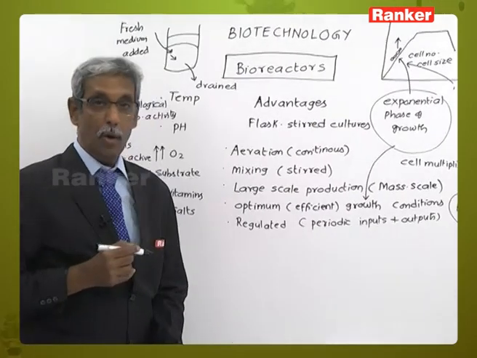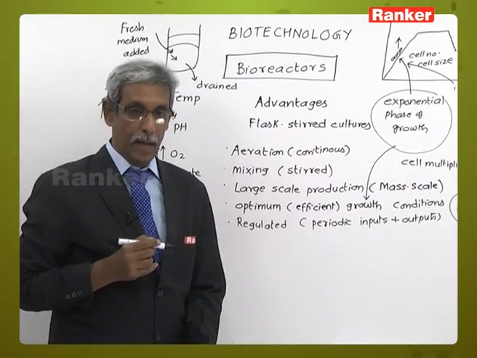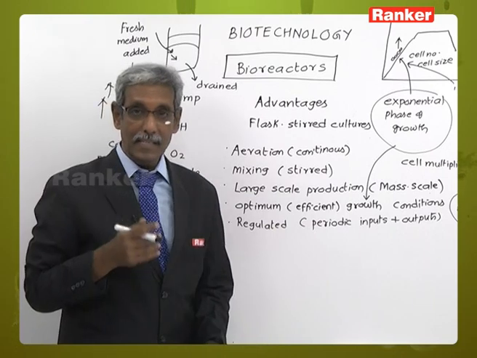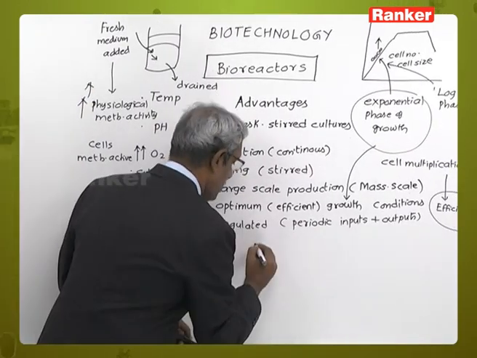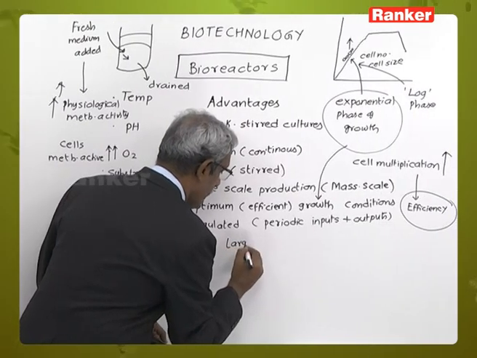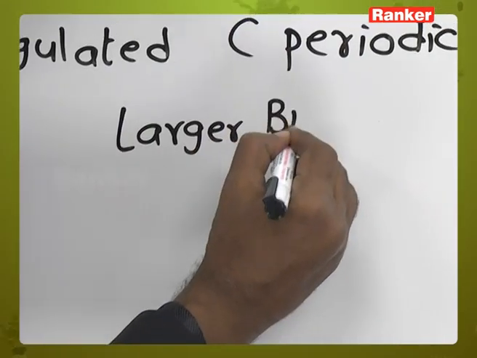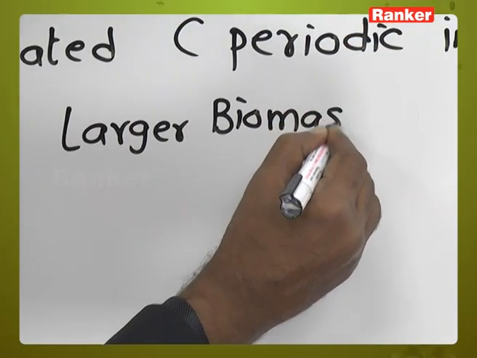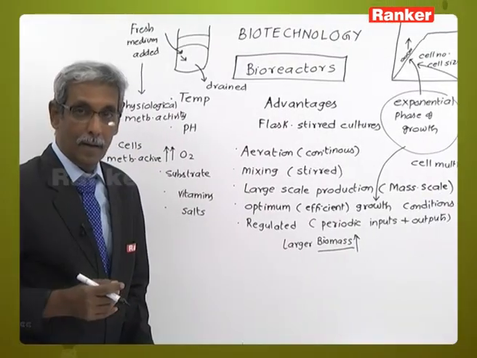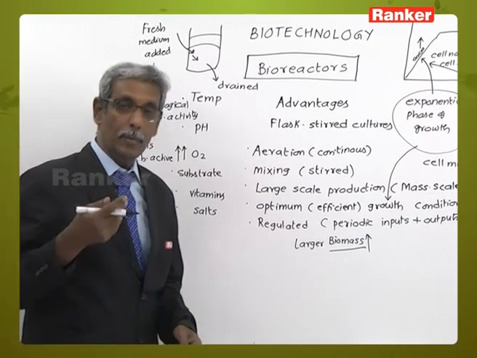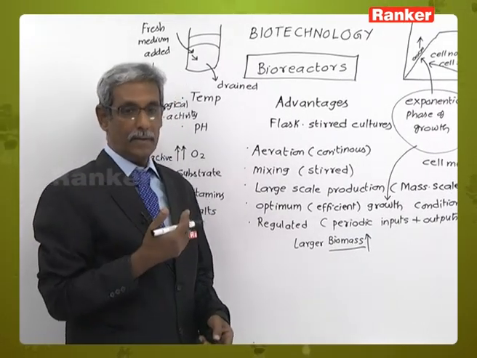The cells would be in the logarithmic phase of growth, and once the cells are in the logarithmic phase of growth, they always have larger biomass. So the biomass increases, the total amount of productivity or the total amount of biomass increases.